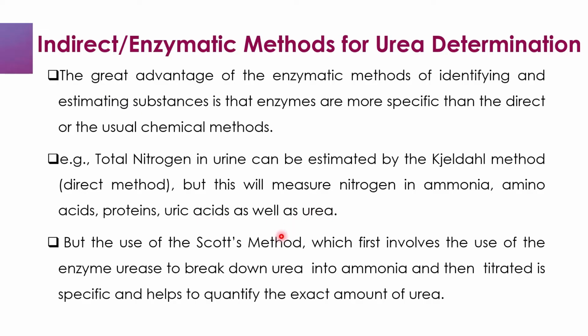The Scott's method, which first uses the enzyme urease to break down urea into ammonia and then titrates it, is specific and helps to quantify the exact amount of urea.